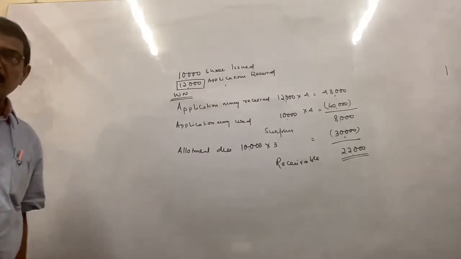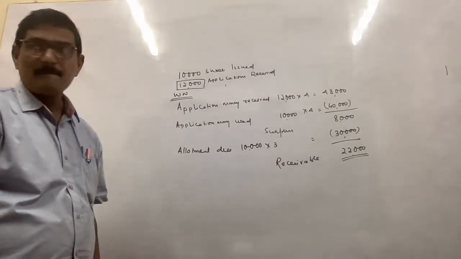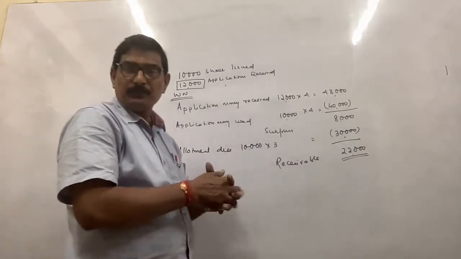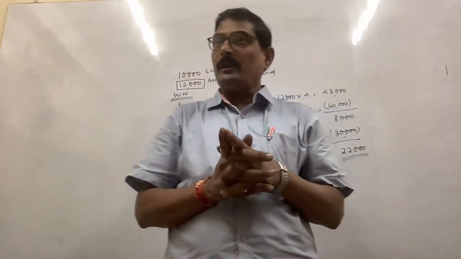Then for allotment money received, I was supposed to receive 30,000. I have already received 8,000, so I will receive 22,000.